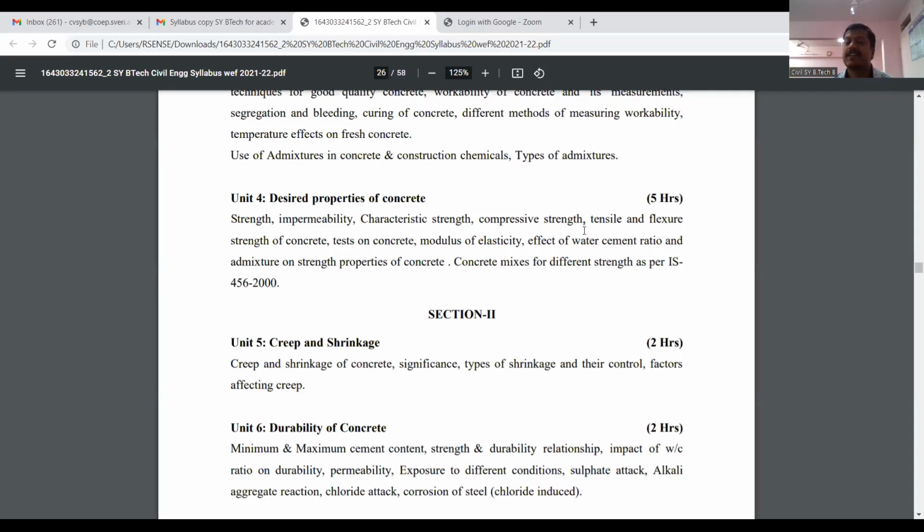I think in the introduction to solid mechanics, in the first chapter only, you have gone through this definition. Young's modulus of elasticity, right? In case of steel, what is the Young's modulus of elasticity? I want the proper definition. It is the ratio of normal stress to normal strain, the ratio of the stress in a body corresponding to the strain.